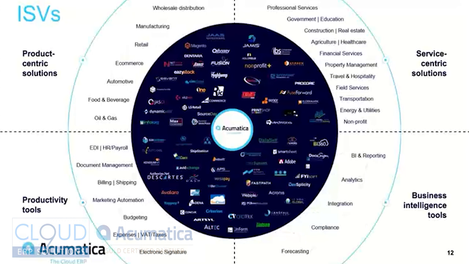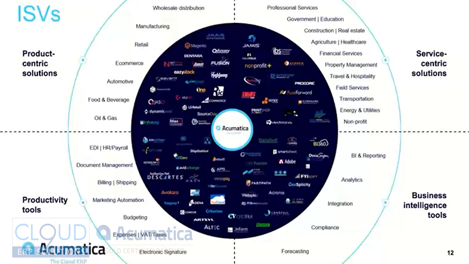And we also have an extension out to what we call independent software vendors that provide different solutions for different activities, depending upon what your needs are, whether they're product solutions or service-centric, BI tools or productivity tools. Acumatica gives a wide choice of being able to give you the opportunity to work with different vendors out there that make the most sense.